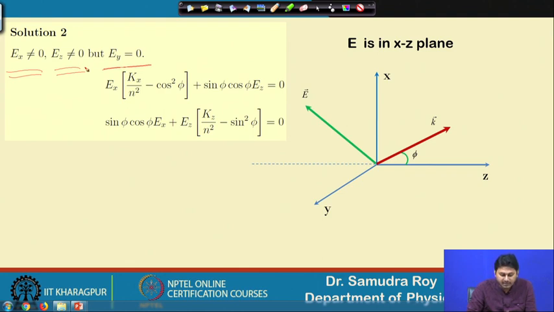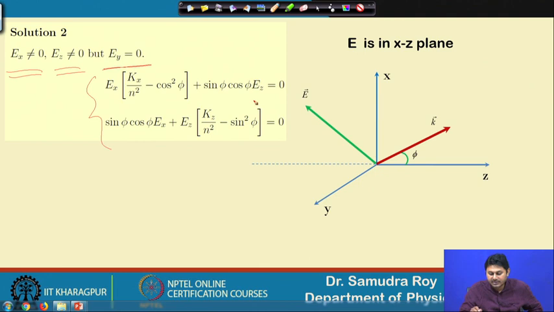Under this condition, we now have two equations in hand, because the E y equation will vanish automatically. So now we need to solve these two equations under the condition that E x and E z are both not 0. That means the E x and E z components are there, but the E y component is not.